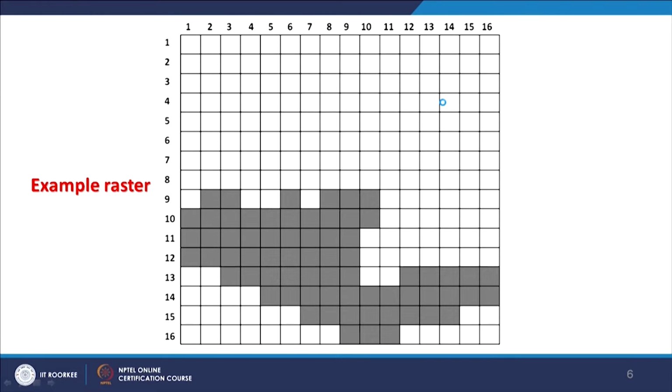There are two areas in this binary image: a white area and a dark area. The dark or black area has value 0, and the white area has value 1, since it is binary and only 2 values are possible.